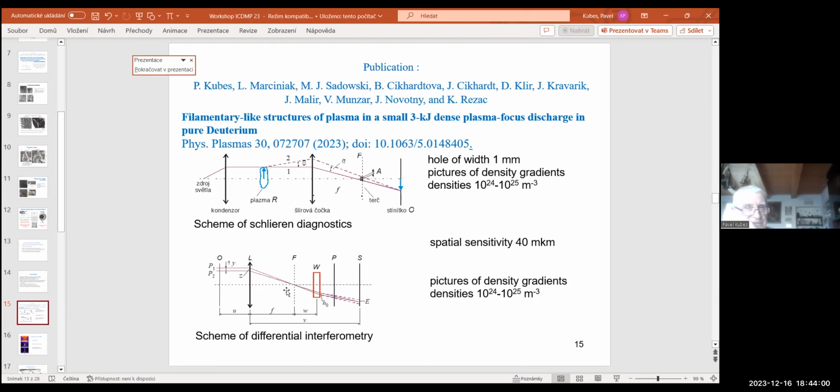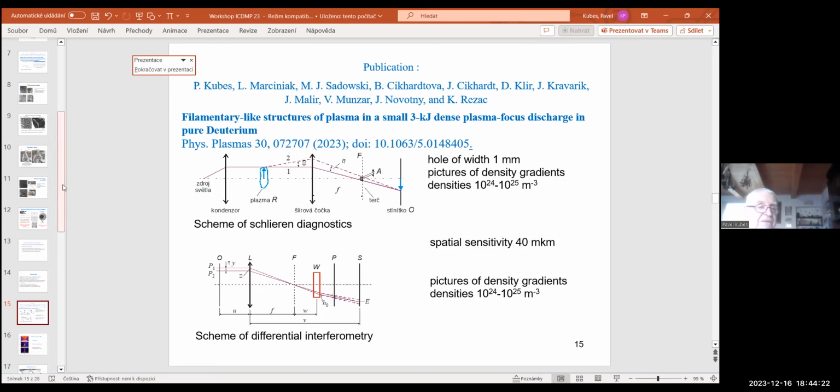It is a special part of differential interferometry. The density is similar, 10^24 to 10^25, and spatial sensitivity is in the order of 40 micrometers.